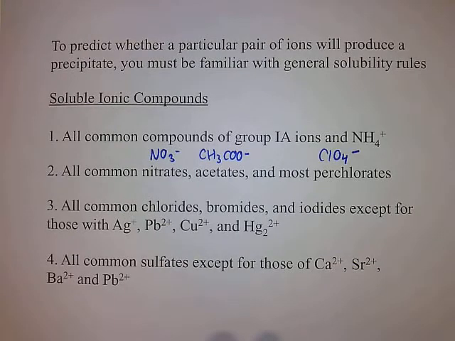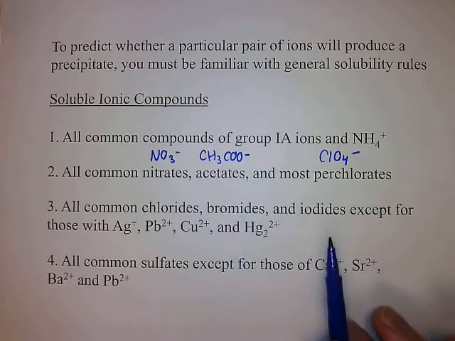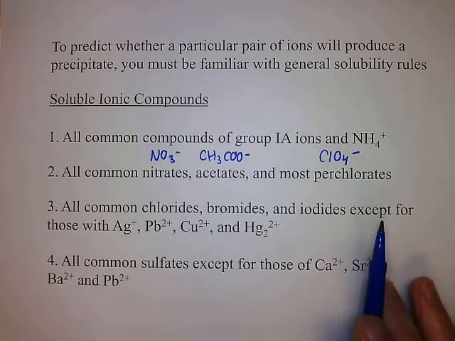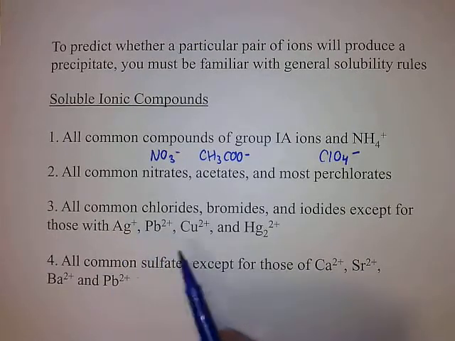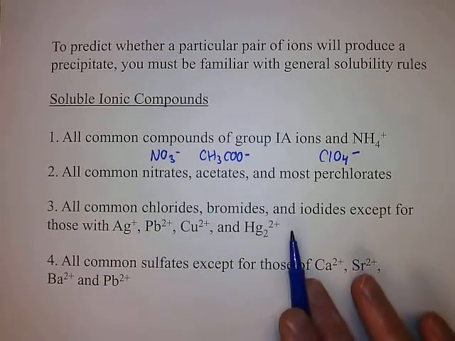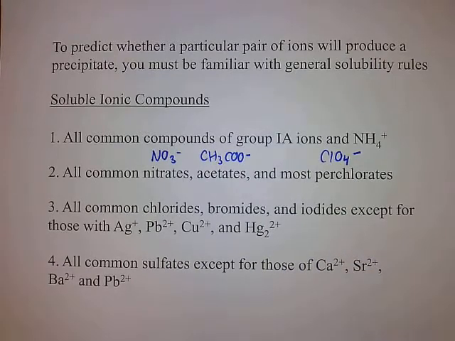Okay, all common halides, chlorides, bromides, iodides, are generally soluble except for silver, lead, copper, and mercury 1, mercury Hg2 2+, which is really mercury 1.